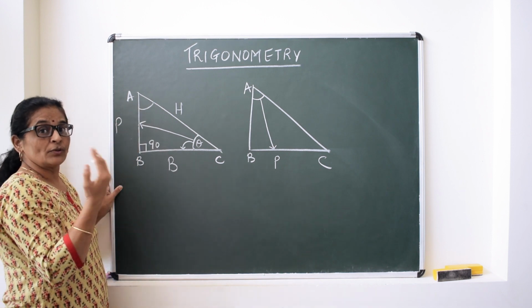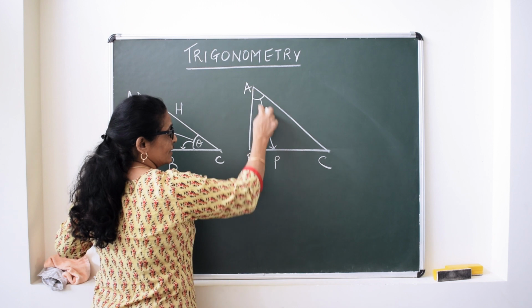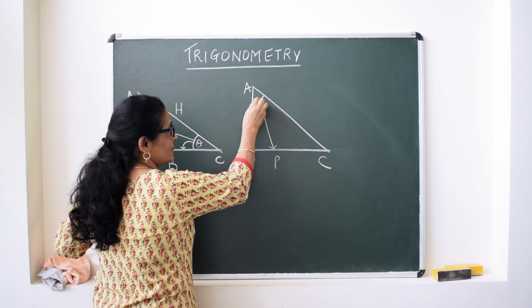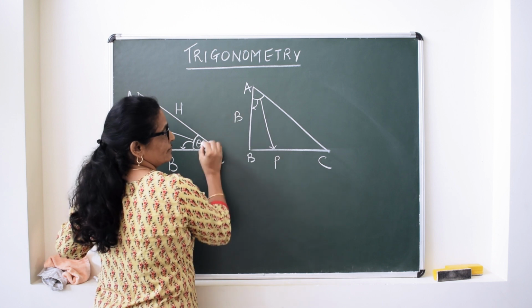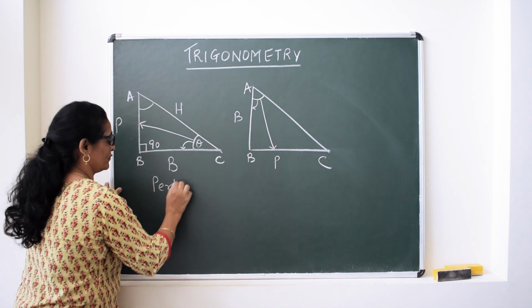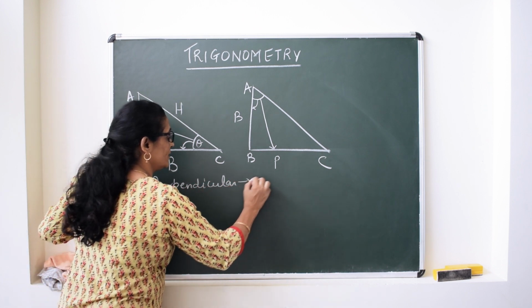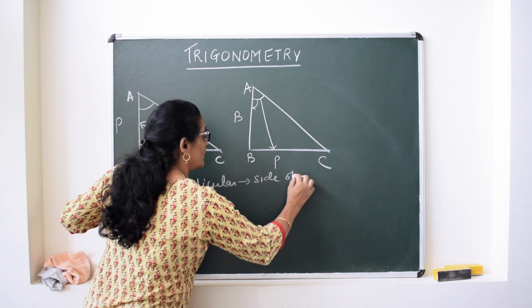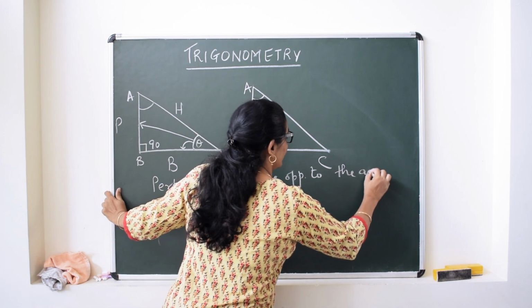So now we are going to give new names. As I said, for this angle A, this is the perpendicular and the side adjacent to that angle will be the base. So we will give new names. For perpendicular, we will call it the side opposite to the angle.